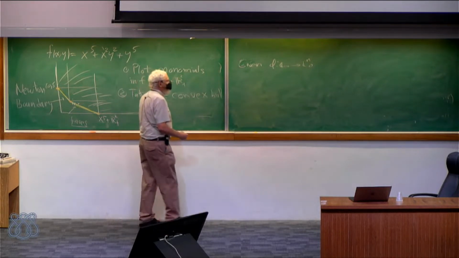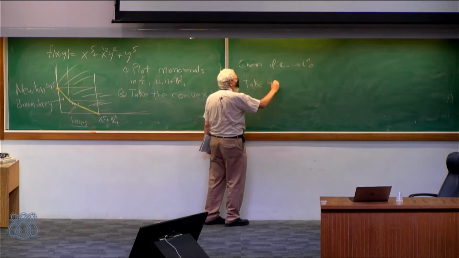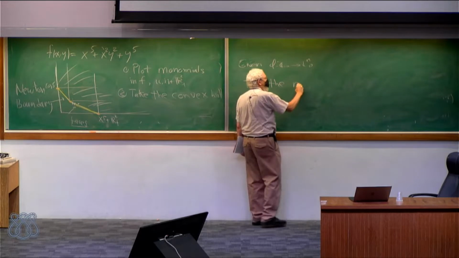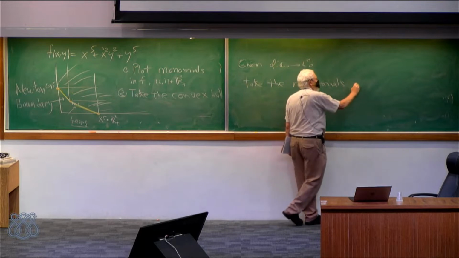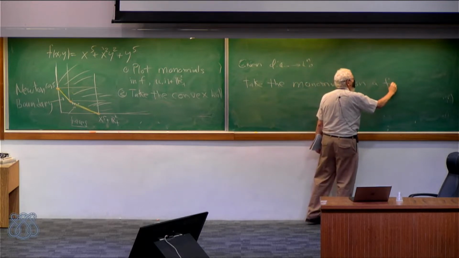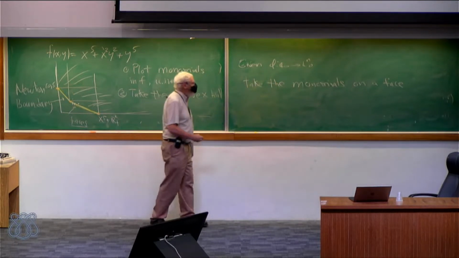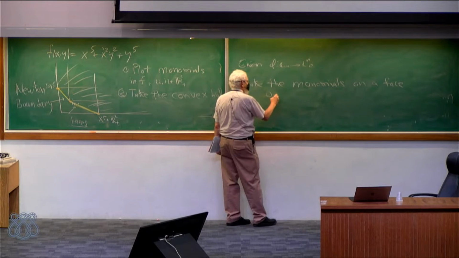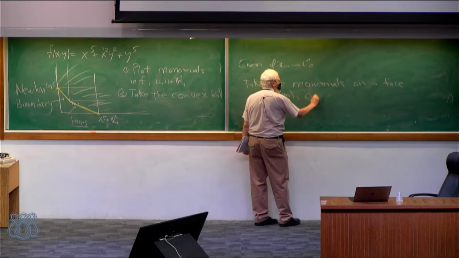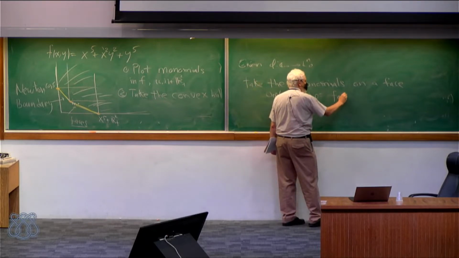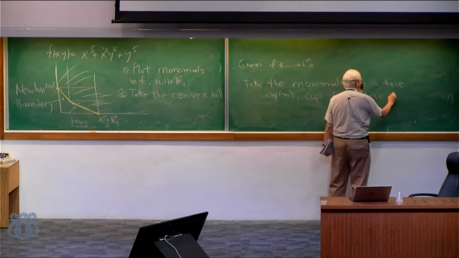We can take the monomials on a face and then we can look at the order of phi on those monomials. And then let delta phi be the face where phi has its minimum.